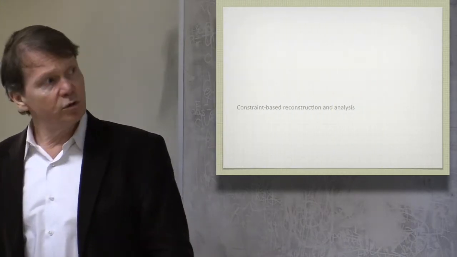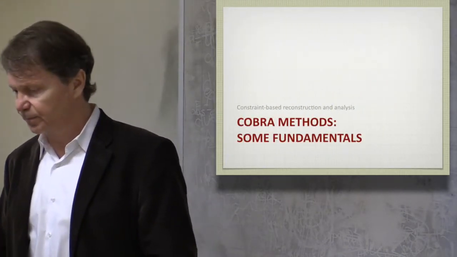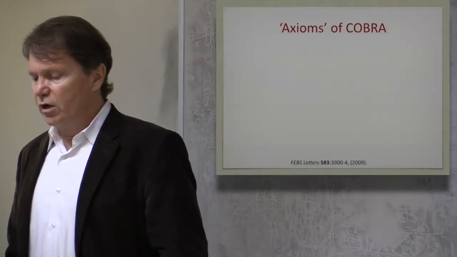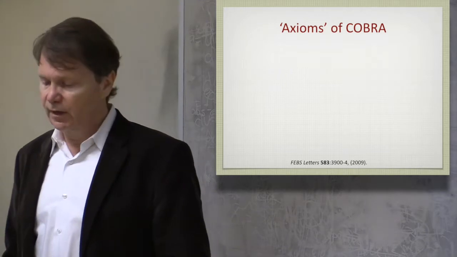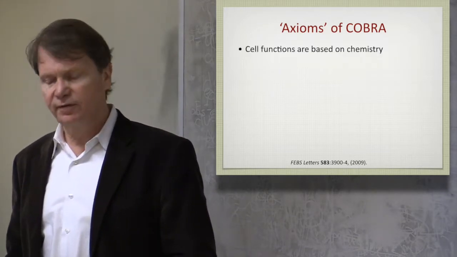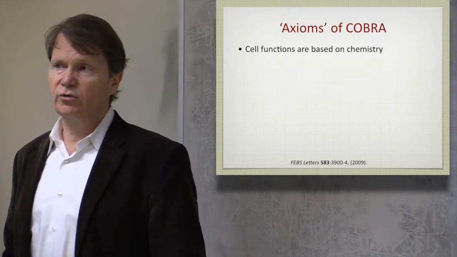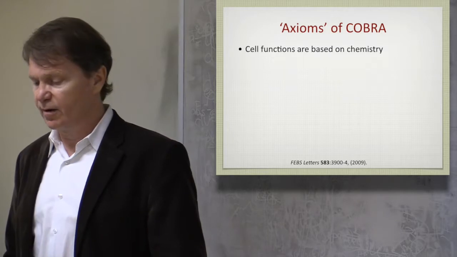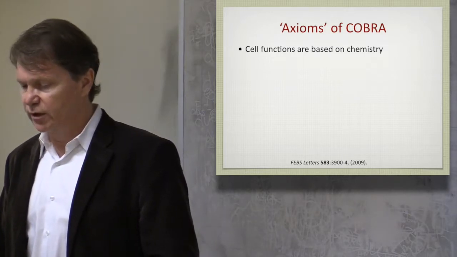So let's now talk about the COBRA methods and some of the fundamentals that come with them. Early on, I listed some axioms that underlie the COBRA approach, and here I'm going to restate them a little differently. The first one is that cellular functions are based on chemistry, and I think that's an absolute statement that we won't argue with.